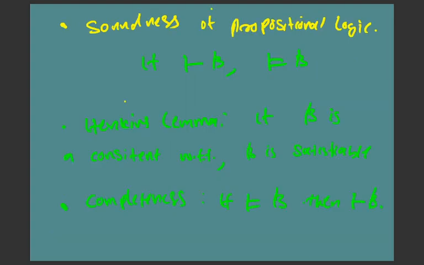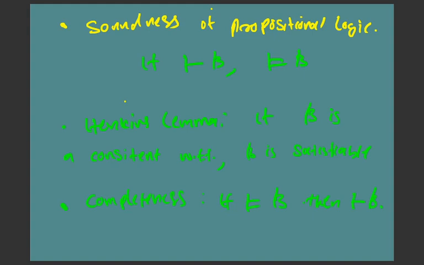Then we looked at soundness of propositional logic. Soundness says that if I can prove a formula, then it is a tautology. So if I prove a formula in the system, then it is always true. It's valid. Theorem beta means that tautology beta. That is the soundness.